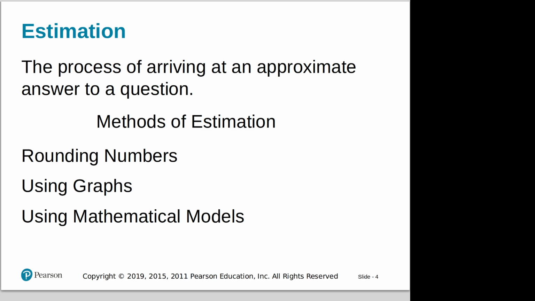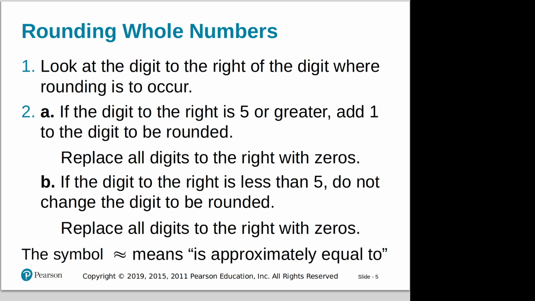And it's a very useful technique to mentally calculate things and to also get an idea of the tools you're going to need to use by estimating. And so one of the best ways to estimate is to round. And rounding is a technique of getting close to a number.